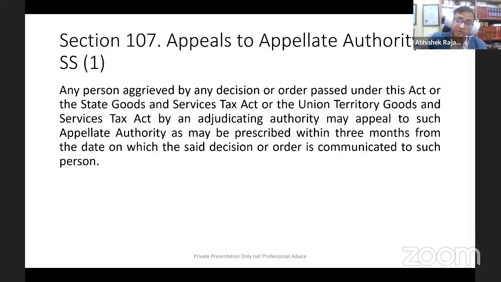Even if you have not requested and they are going to pass an adverse order against you, then they have to provide you the opportunity of being heard. Both are mandatory. So sometimes you might be filing an appeal on the ground that personal hearing was not provided, or in some cases ex parte orders have been passed. So you could be contesting an appeal that my ex parte order has been passed.